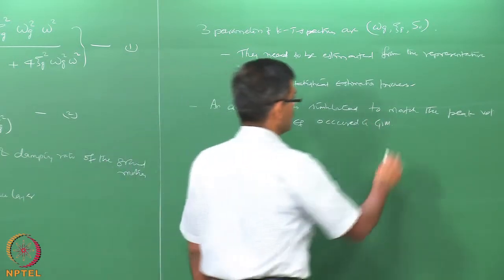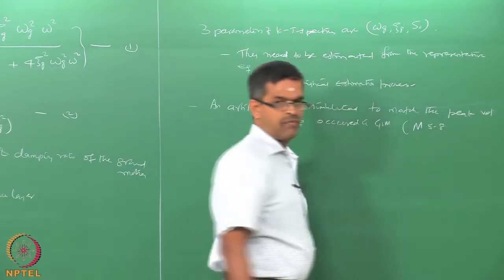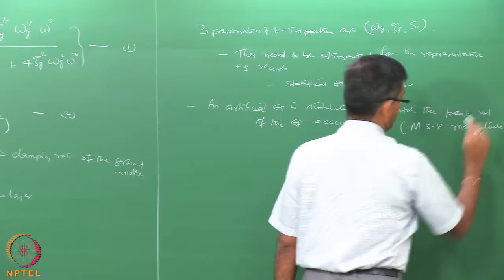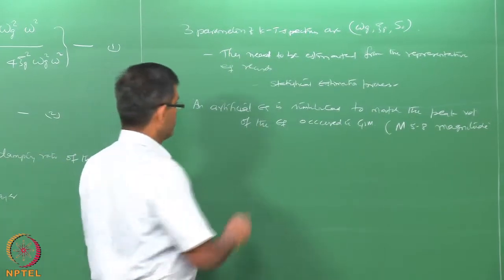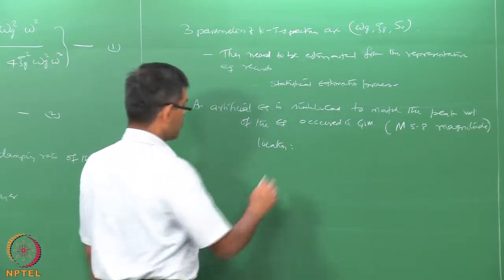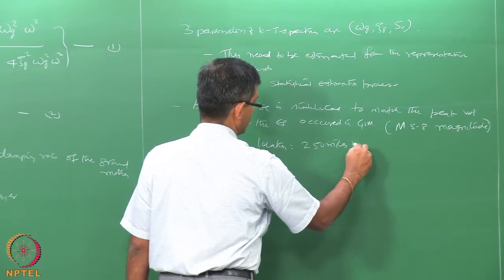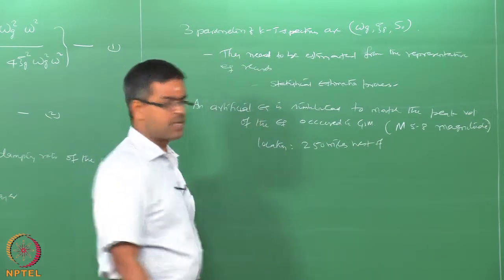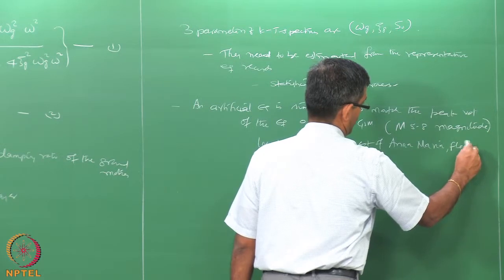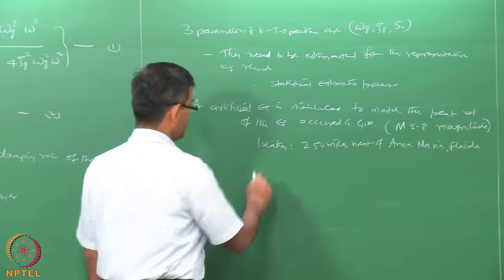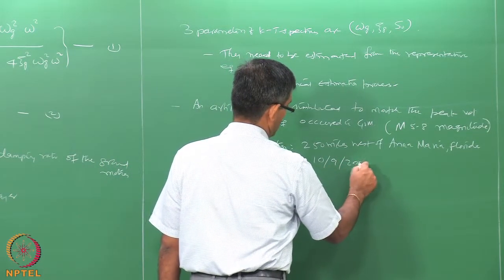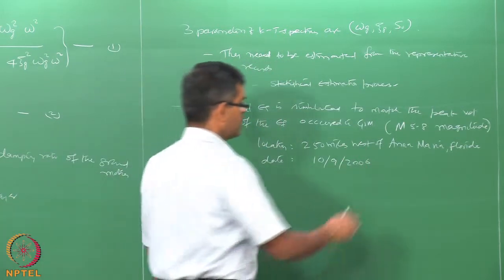The occurrence was of Richter scale 5.8 magnitude, miles west of Anna Maria, Florida, which occurred on 10/9/2006 at 14:56:07.